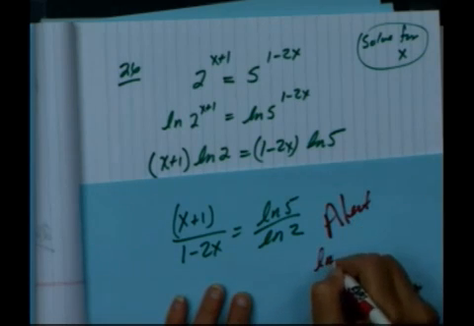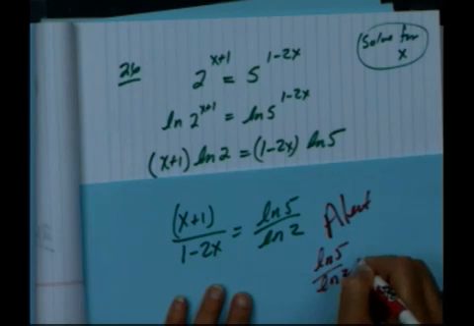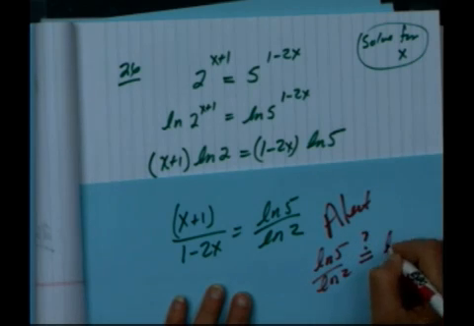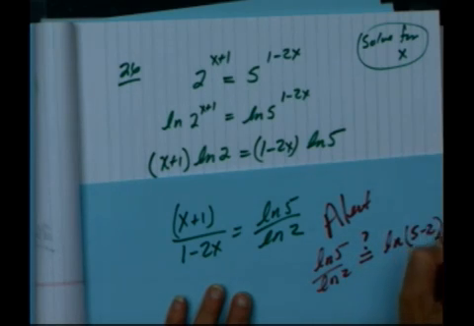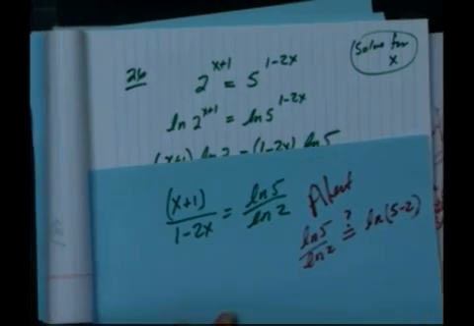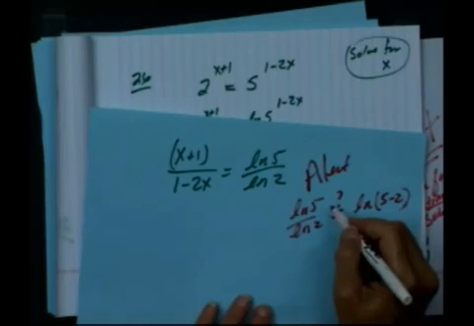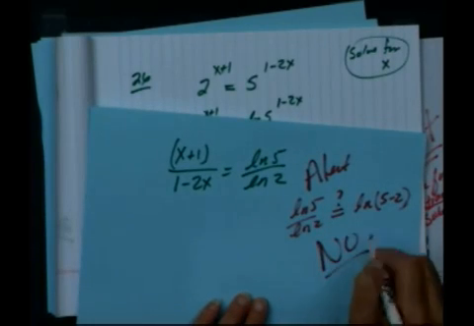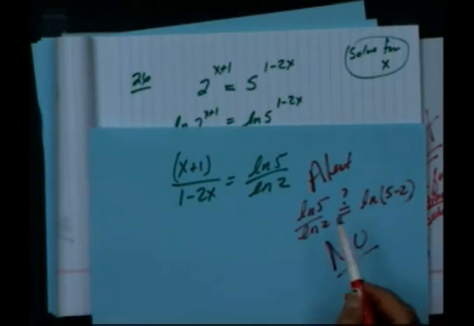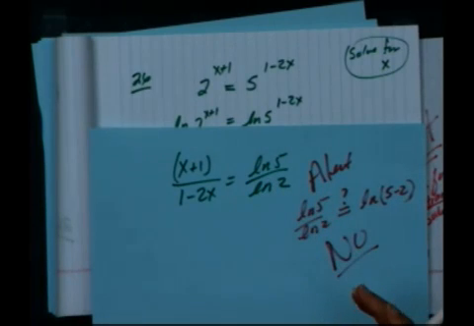Is the natural log of 5 over natural log of 2 equal to natural log 5 minus 2? No. Because natural log of m minus natural log of n is natural log of the quantity m divided by n. So it's not equal to that.